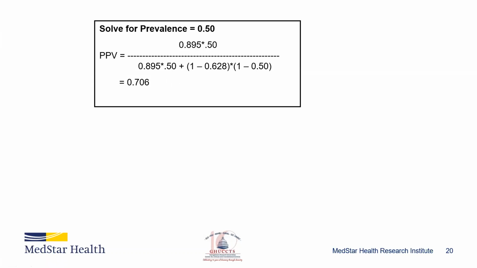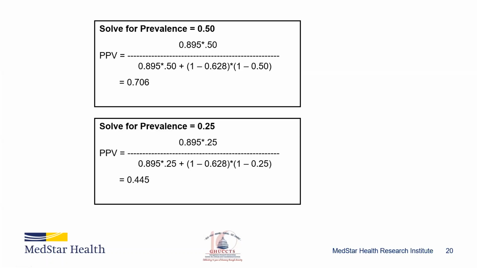And then if I carry this another step further and solve for the situation where the prevalence is only 0.25, then I get a positive predictive value of only about 0.4. So you can see that the predictive values really depend on the prevalence.